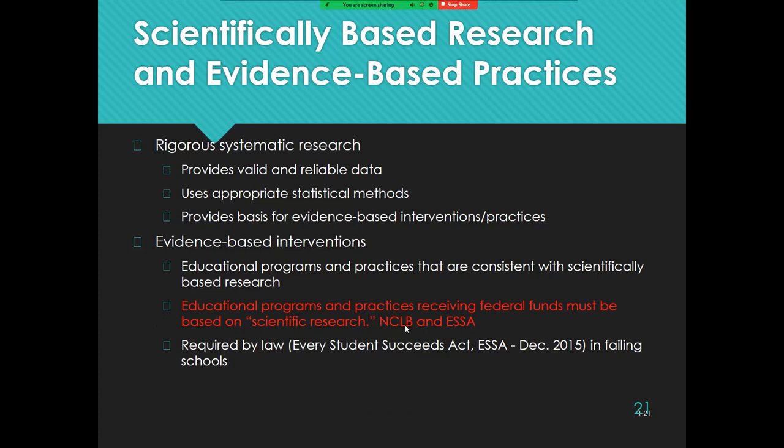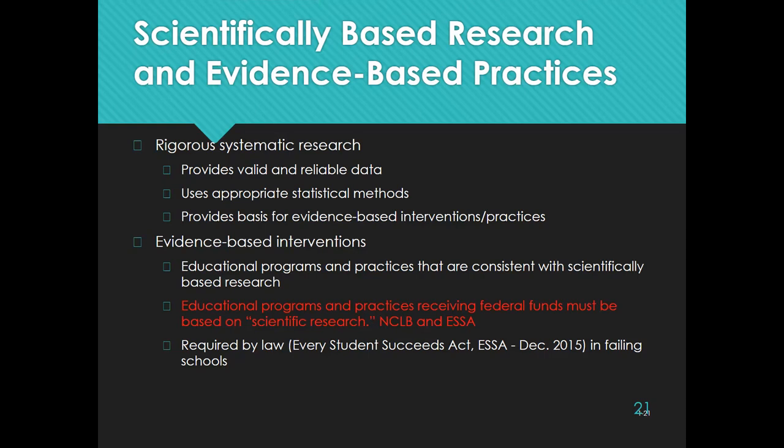So both No Child Left Behind and the Every Student Succeeds Act mandated that if you want to implement something in your school and you want to receive funds for it, you must show its scientific base, that there's been rigorous research and it proves this is effective.